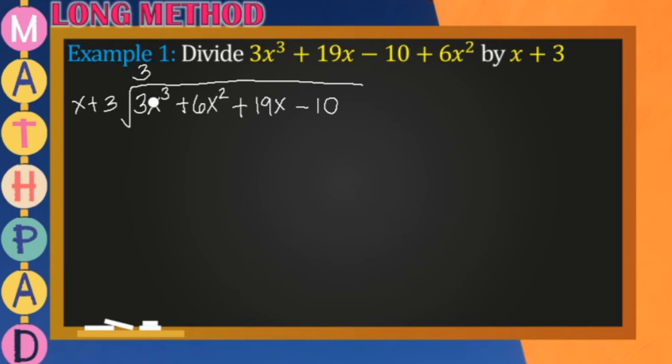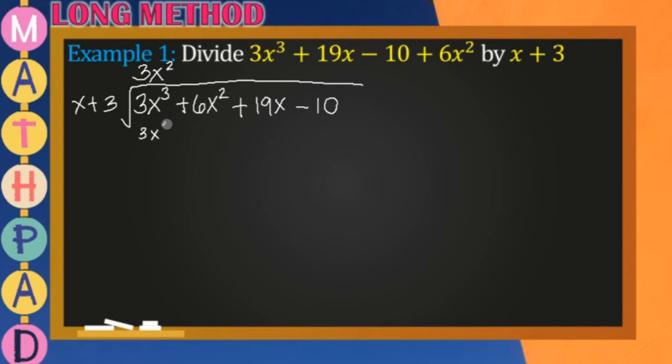Then, same base, applying the law of exponents, we copy the base and subtract the exponents. 3 minus 1 is 2, so that will be raised to 2. Next, we multiply 3x squared by the divisor. 3x squared times x is 3x cubed, because 2 plus 1 is 3.